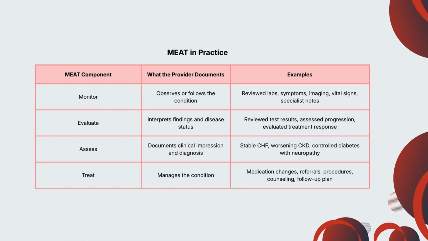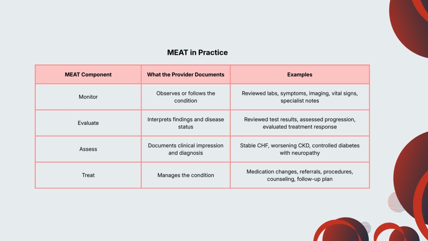This slide is a snapshot of MEAT in practice. MEAT component. What the provider documents. Examples: monitor, observes or follows the condition, reviewed labs, symptoms, imaging, vital signs, specialist notes. Evaluate, interprets findings and disease status, reviewed test results, assess progression, evaluated treatment response.